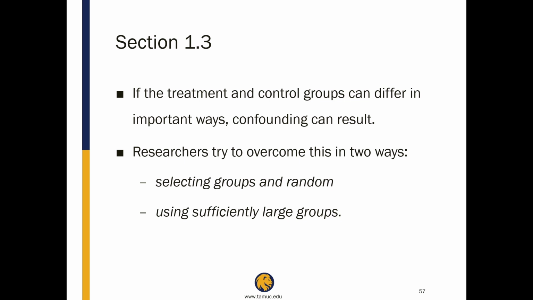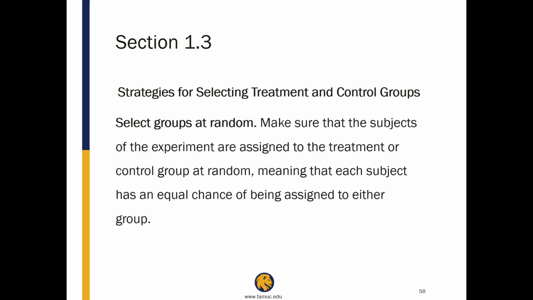And those biases are confounding factors as well. So when talking about selecting groups at random, they say here to make sure that the subjects of the experiment are assigned to the treatment or control group at random, meaning that each subject has an equal chance of being assigned to either group. So nobody's weighting the selection to one group or the other. It's just completely random.